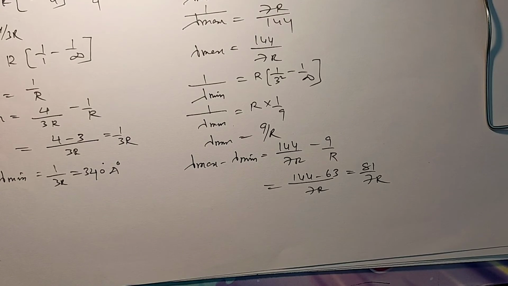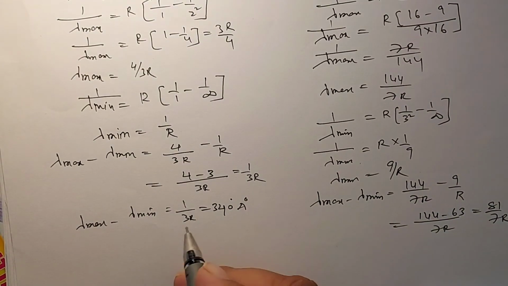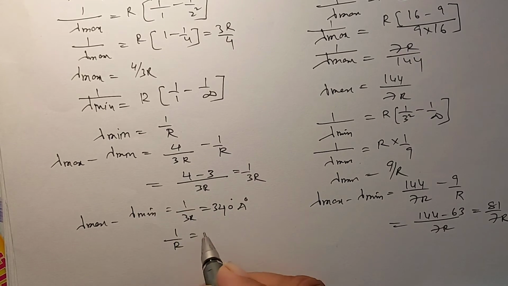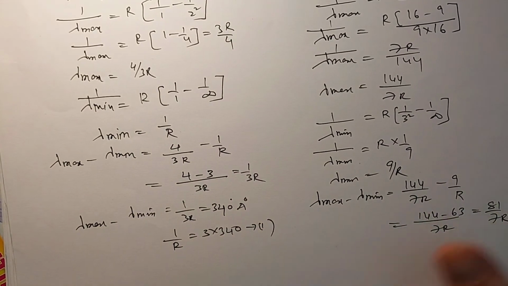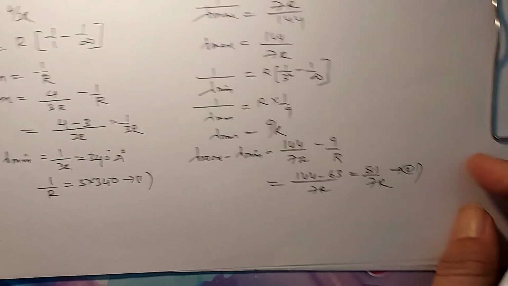In the case of the Lyman series, we already calculated 1 by 3R is equal to 340, so 1 by R is equal to 3 into 340. This is equation 1, and the other is equation 2.